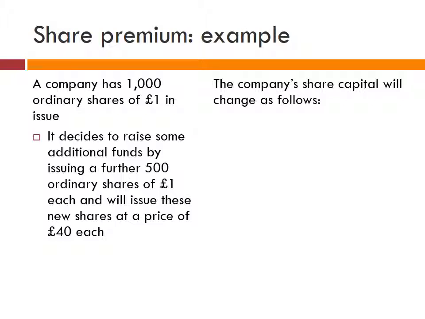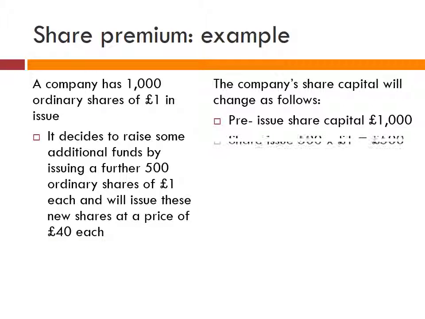So the share capital will start off before the share issue at £1,000. That's the 1,000 ordinary shares multiplied by the nominal value of £1 each. Then we've got to calculate the additional share capital raised by this new share issue.